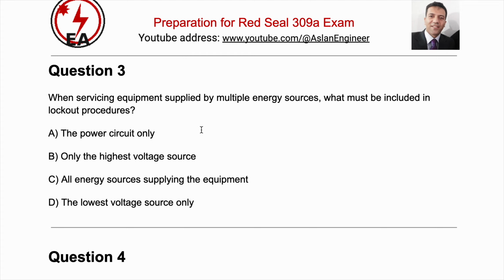When we want to maintain it, when we need to do something on it, we need to cut off all energy sources supplying the equipment. The power circuit only, or only the highest voltage source? Yeah, it can be. And the lowest voltage source, no.